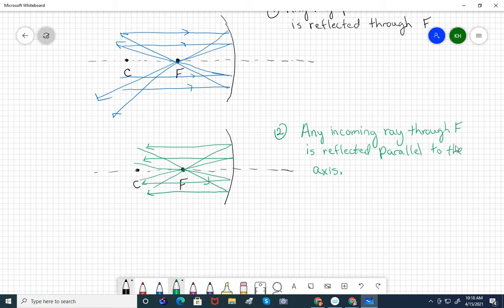Statements 1 and 2 that I just wrote are absolutely true for parabolic mirrors.